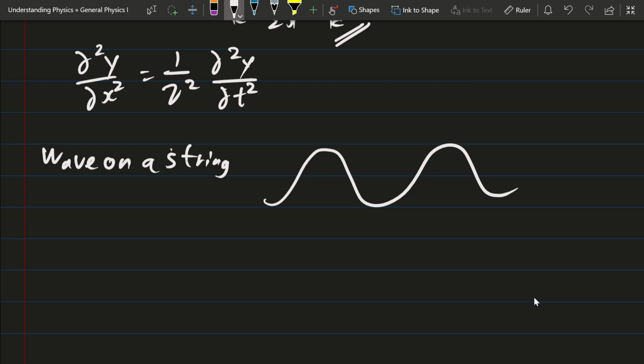We will have a string, and the tension is T, with a linear density of mu. So now the question is, what's the velocity of this wave?